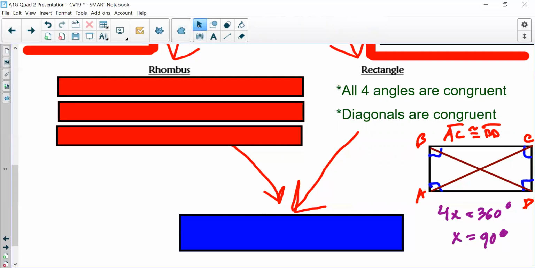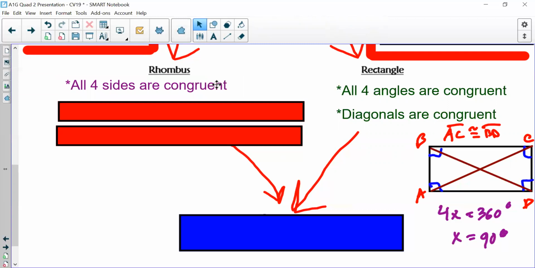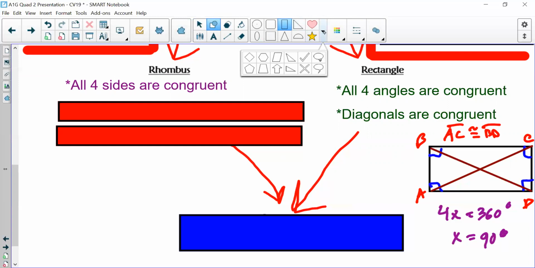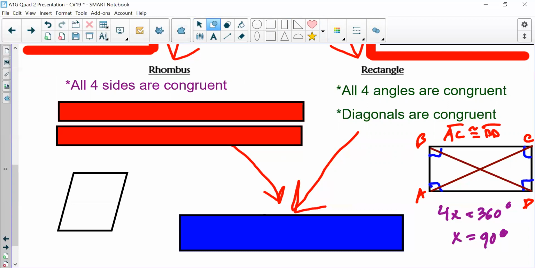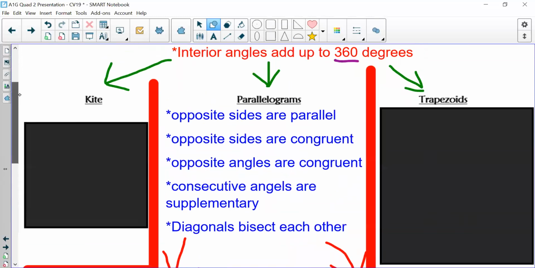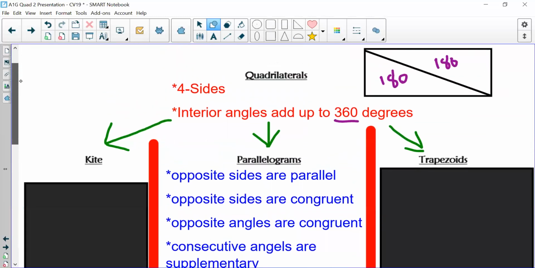Let's talk about the rhombus. So the first property is all four sides are congruent. So let's draw a rhombus. And one thing to keep in mind here is we've got these arrows on this flowchart. Everything on this page is a quadrilateral.